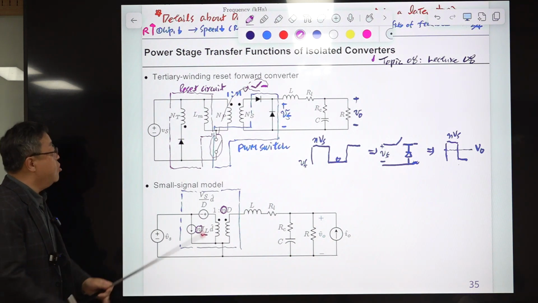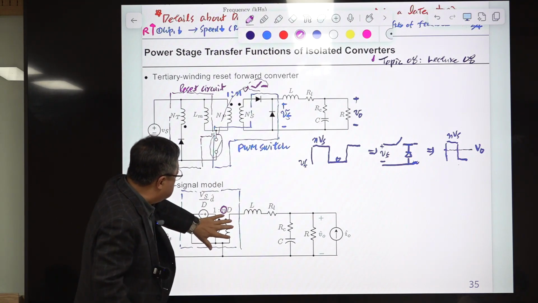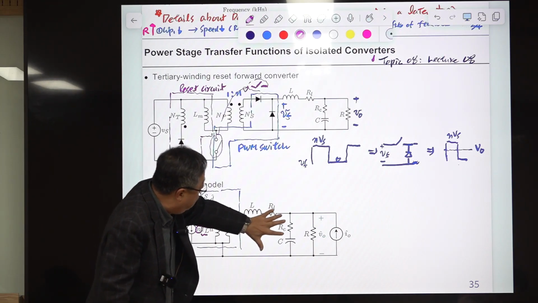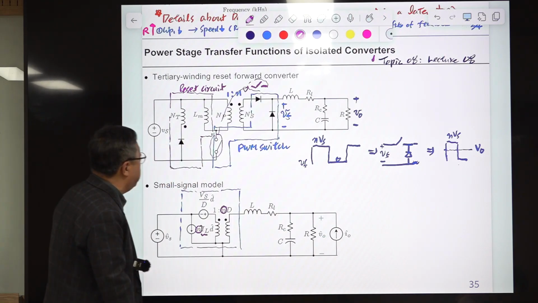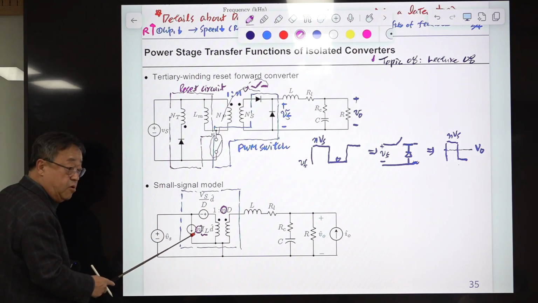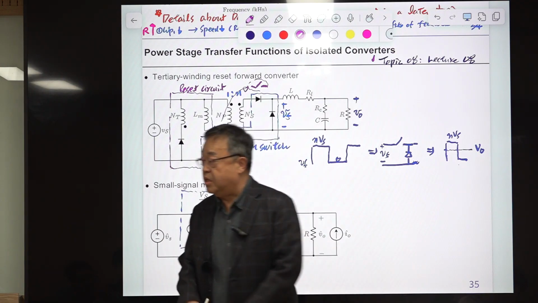So this can be modeled with this PWM switch cascaded with this low pass filter. But because of this factor N, this is called the scaled PWM switch model.